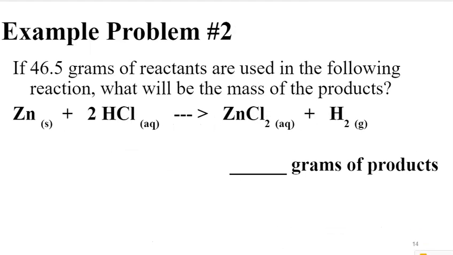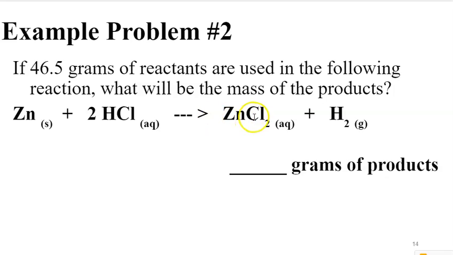This one says, if 46.5 grams of reactants are used in the following, what would be the mass of the products? So remember, the left and right side are equal, so this one's even easier. It says on the reactant side, the left-hand side, we have 46.5 grams used up. Guess what?